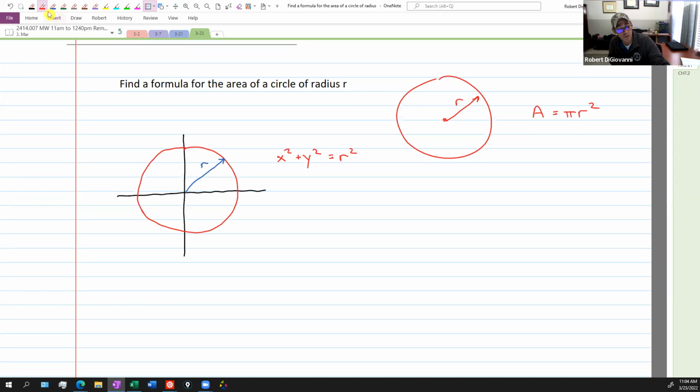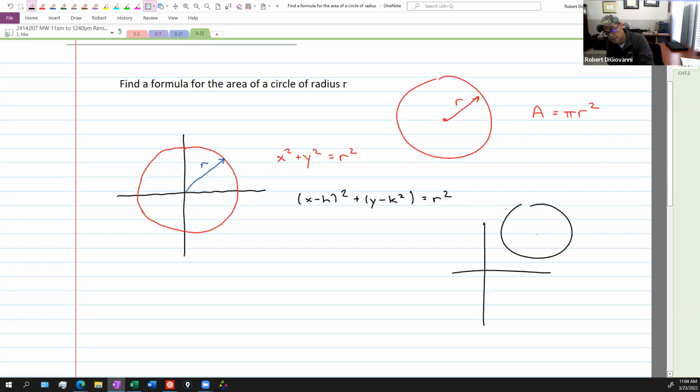It comes from a more general formula: (x minus h) squared plus (y minus k) squared equals r squared. That gives you the equation of a circle centered at (h, k) with radius r.